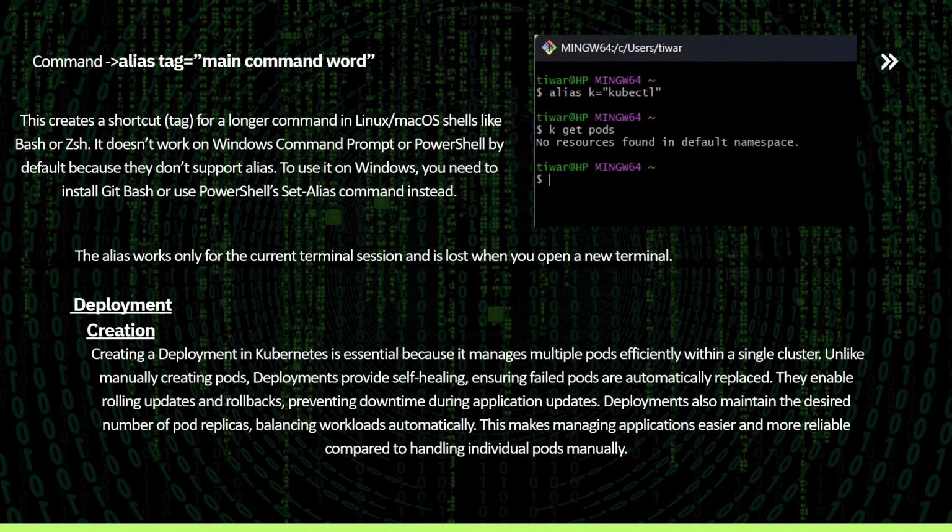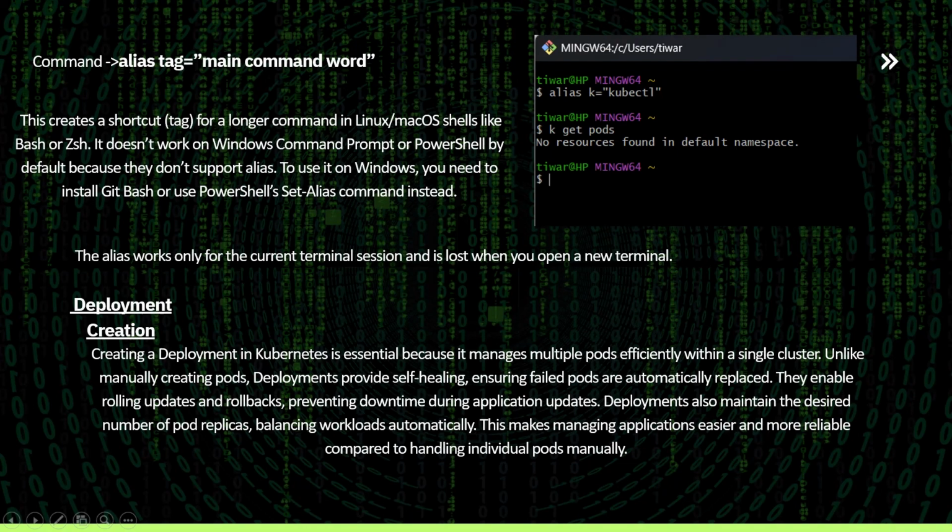They enable rolling updates and rollbacks, preventing downtime during application updates. Deployment also maintains the desired number of pod replicas, balancing workloads automatically. This makes managing applications easier and more reliable compared to handling individual pods manually.